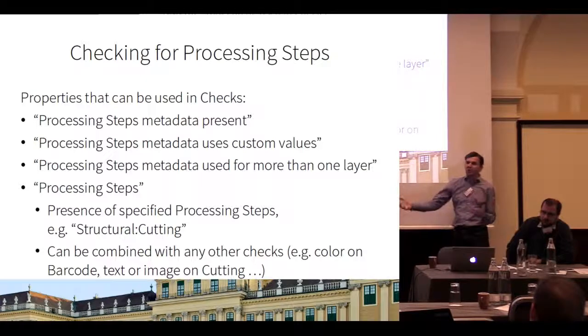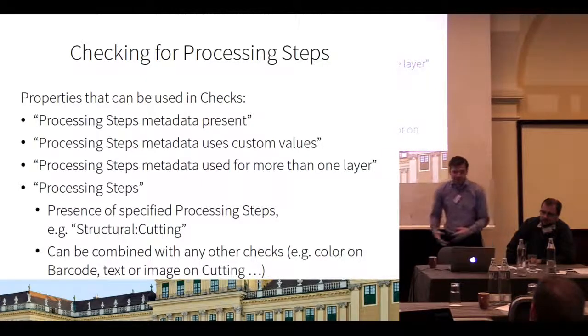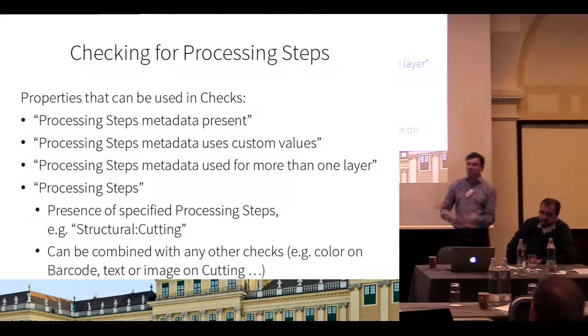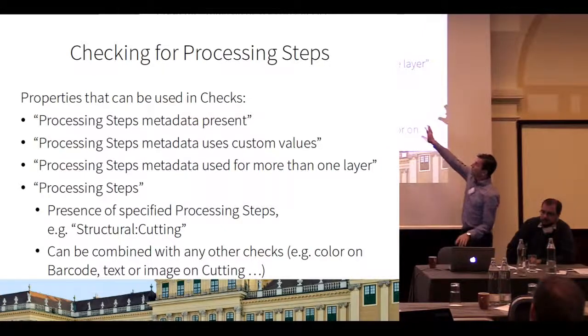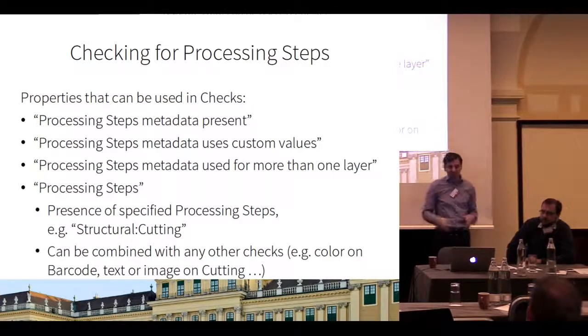There is one that allows you to find out whether there is processing steps metadata. You can find out whether processing steps metadata uses custom values. You can find out whether the same metadata is used for more than one layer, which would be perfectly fine with the standard.